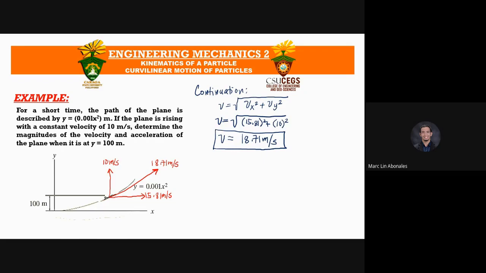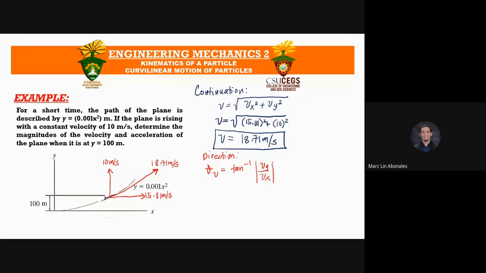But if we determine its angle, the direction of the velocity, that is represented with the angle theta equal to the inverse tan of the y component over the x component.